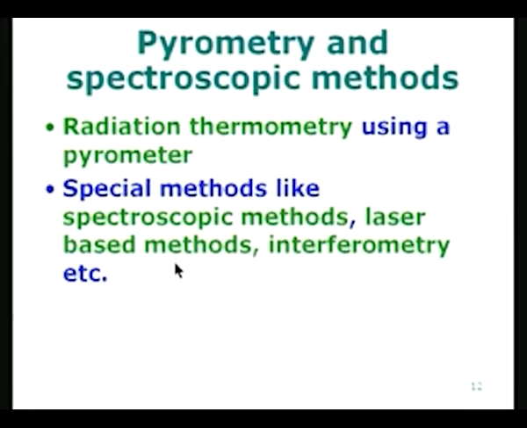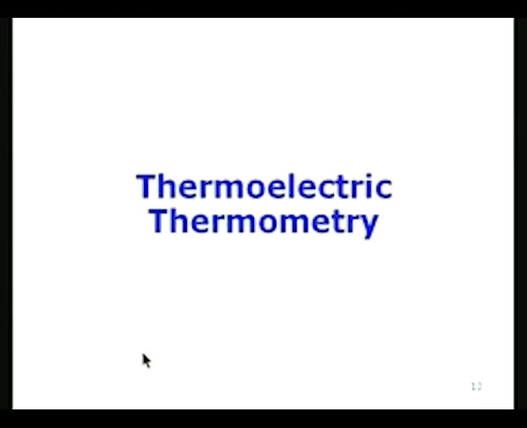These are somewhat advanced, and maybe we will just have a little bit of time to touch upon this. We may not be able to consider them in great detail in this particular course. I am just giving it here for the sake of completeness. So, with this background, we can now look at different types of thermometers.